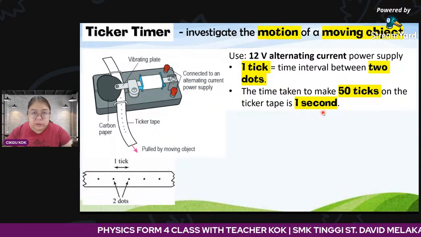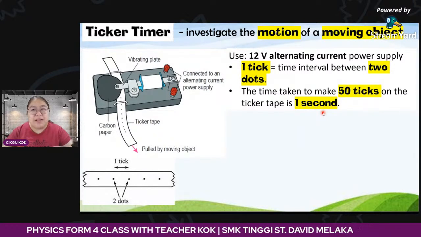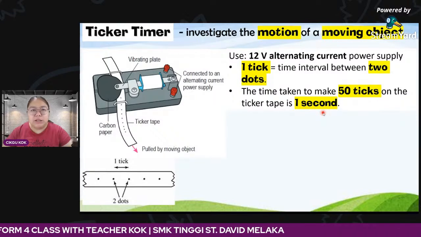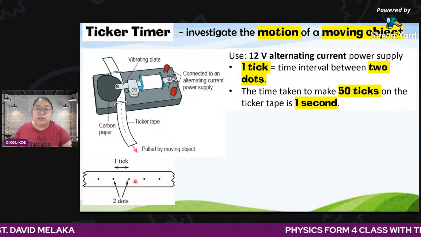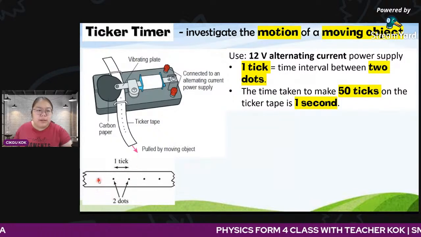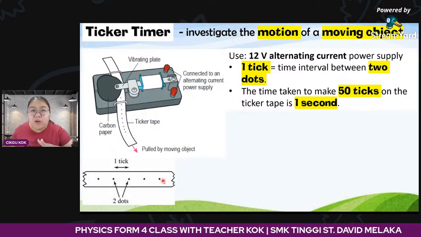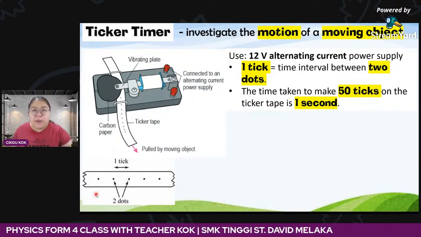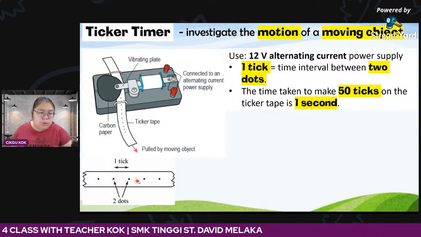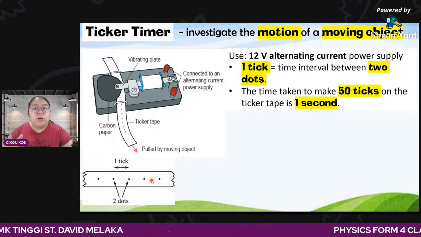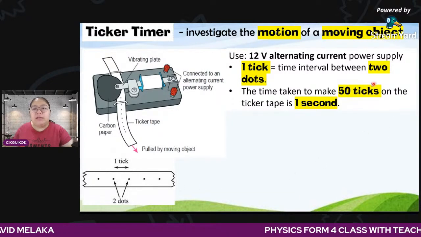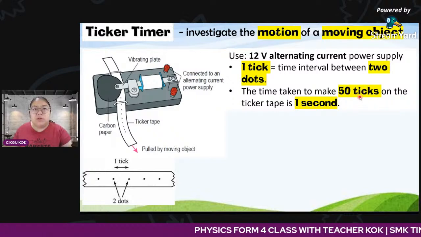Let's go simple only. You see this ticker tape, how many dots now? One, two, three, four, five. Five dots. Inside, how many ticks? One, two, three, four. Five dots, four ticks. Now I say I want 50 ticks.